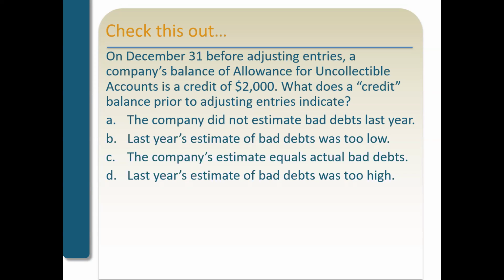A, the company did not estimate bad debts last year. B, last year's estimate of bad debts was too low. C, the company's estimate equals actual bad debts. Or D, last year's estimate of bad debts was too high. What do you guys think?